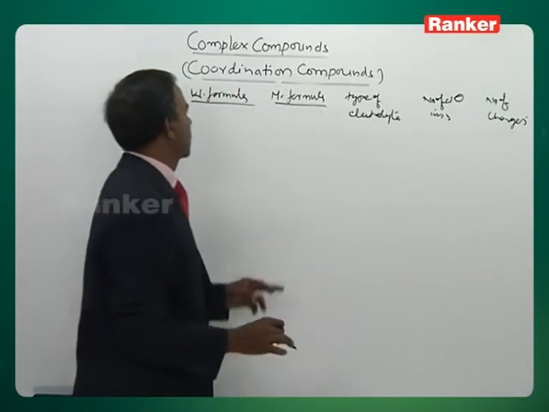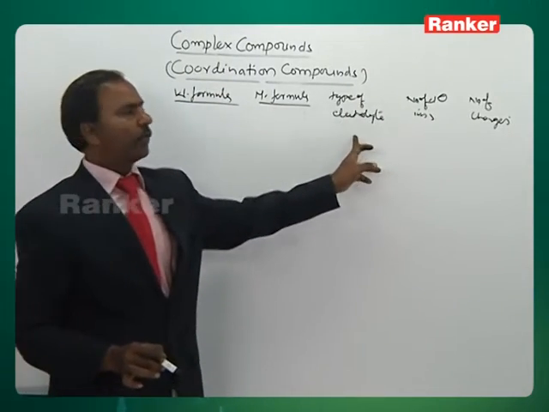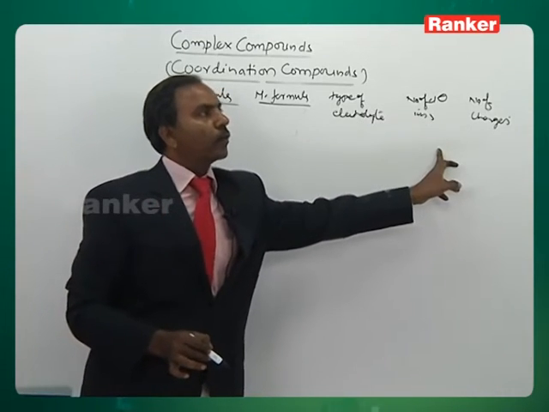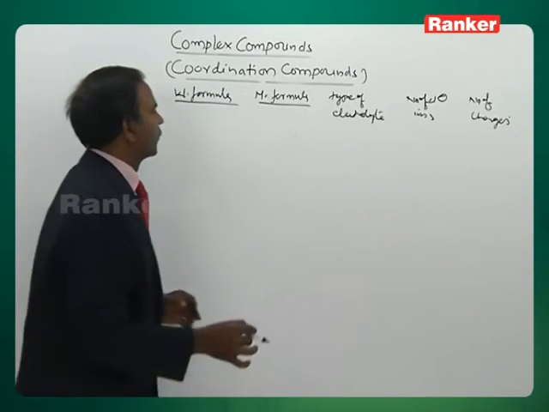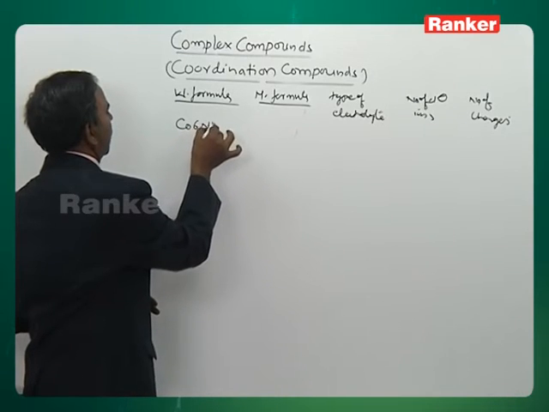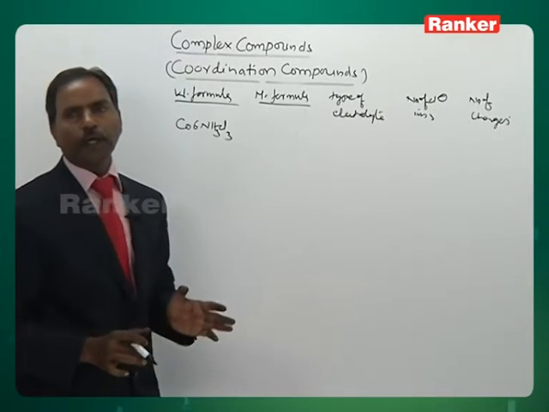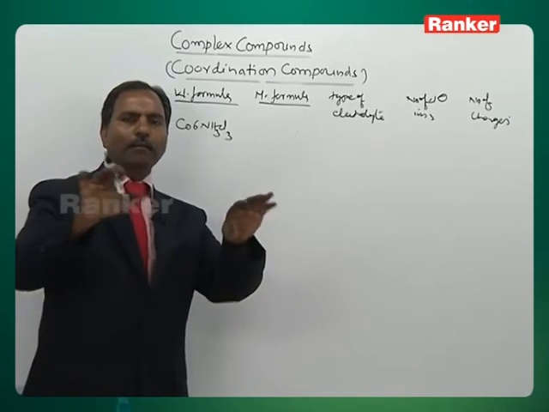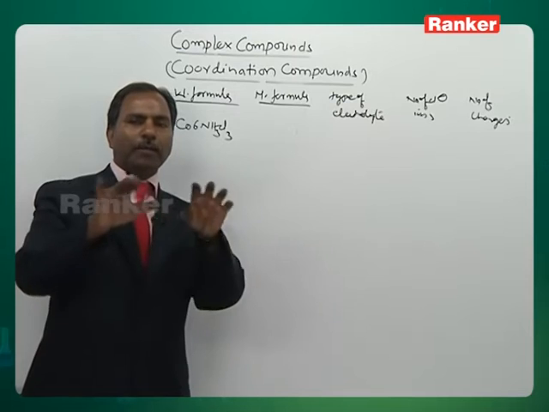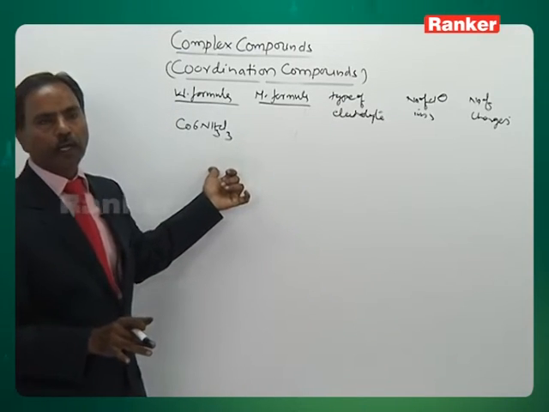For each complex, let us see what the Werner formula is, what the modern formula is, what the type of electrolyte is, how many chloride ions are produced, and what the charges are. In the beginning Werner gave this particular formula for a complex; this is what we call the Werner formula.